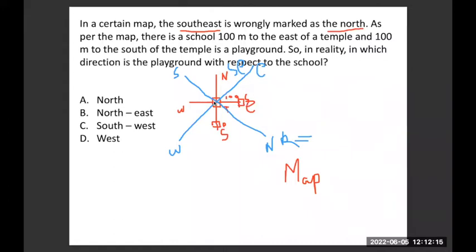In the initial part, we had taken the temple to be the core. In this case, the blue axis will shift to the school center. The school becomes the center, and with reference to that, the playground is situated in which direction?